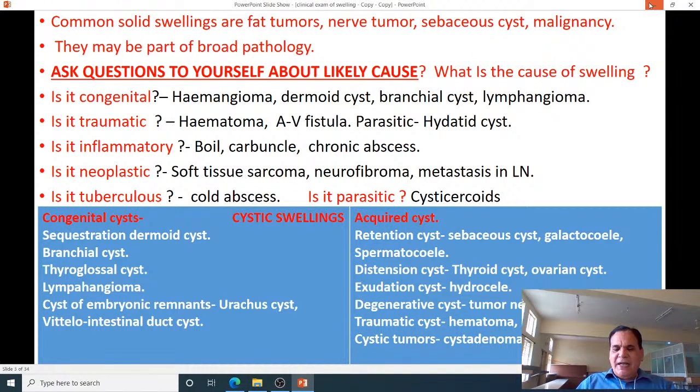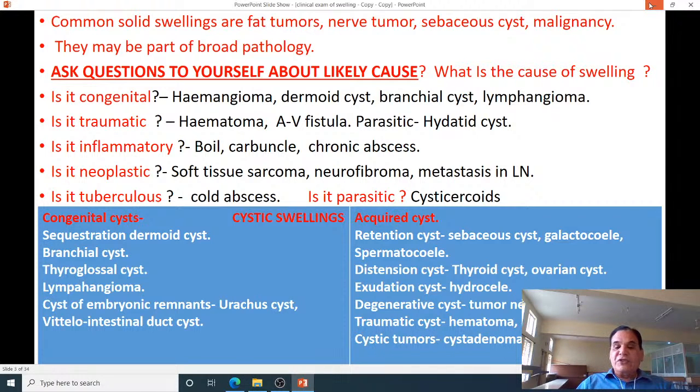Acquired. Practical diagnosis: a retention cyst. What is your diagnosis? Sebaceous cyst. And another in a female, lactating, galactocele. Okay. For all practical purposes, for an acquired cyst, your diagnosis is sebaceous cyst whenever occurring on the extremities, abdominal wall, sometimes on the back.